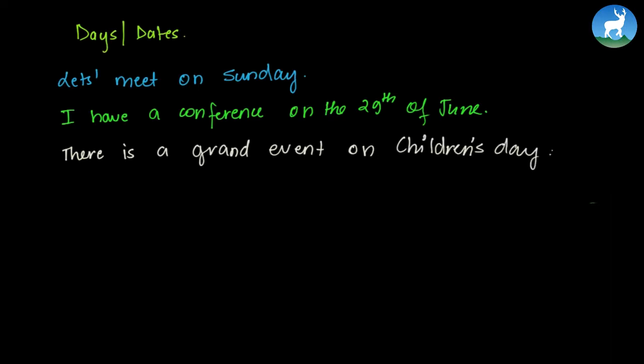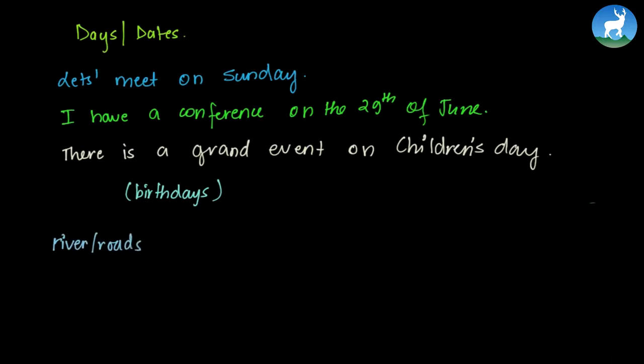So these are the specific days or dates. Children's Day, 29th of June or Sunday. So we use on. We can use on birthdays as well. So another use of on is while talking about rivers or roads.